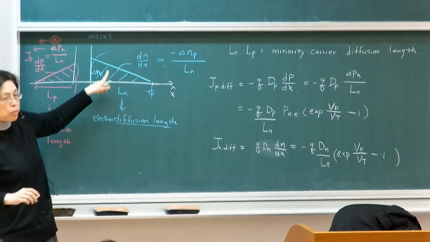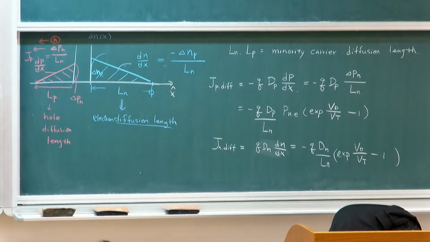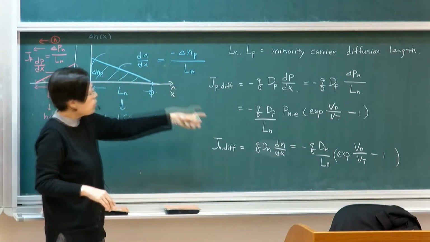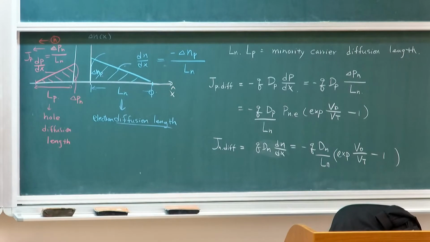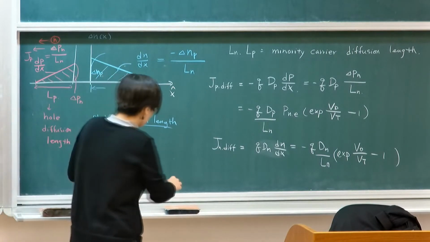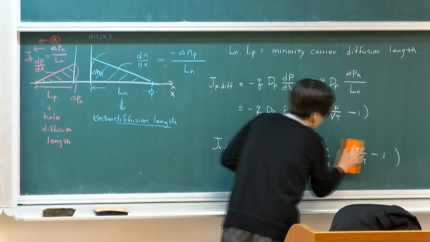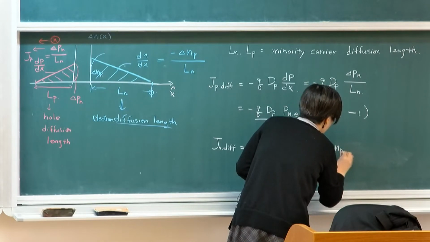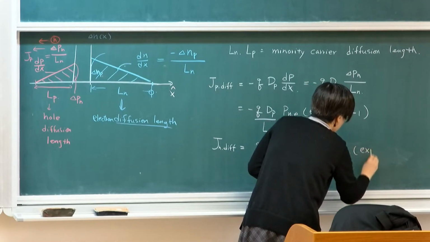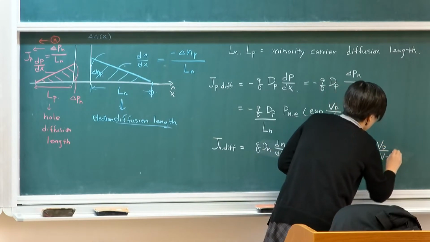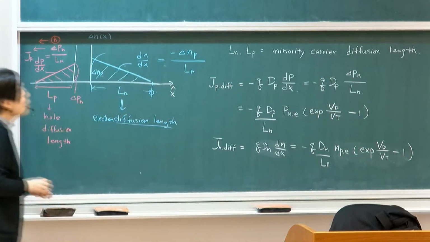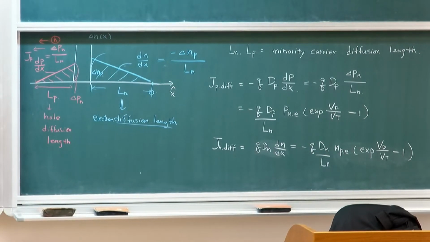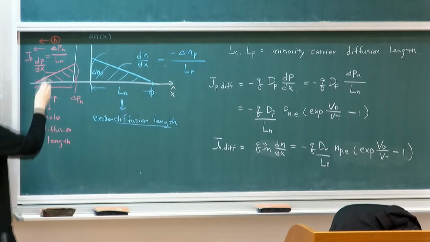The minus sign comes from the decreasing density, the decreasing gradient. Because my gradient is negative, you simply insert that and get the number. So finally, I missed something here, sorry. There's this n_pE times exponential. Okay? So what we wanted to do is actually sum it up. So finally, let me sum up the overall current.